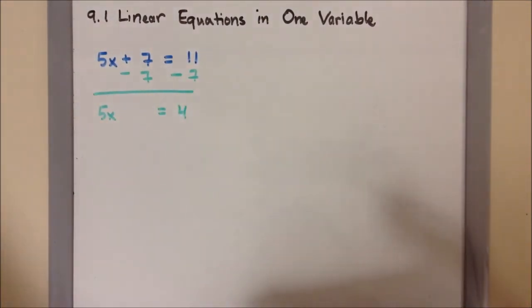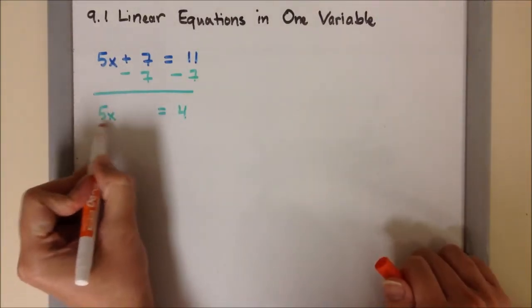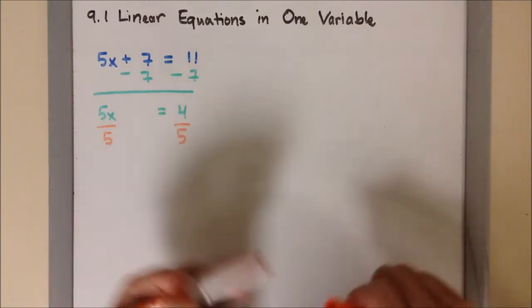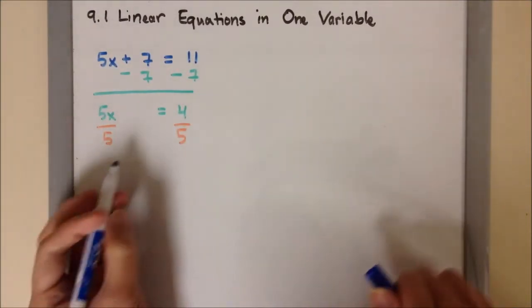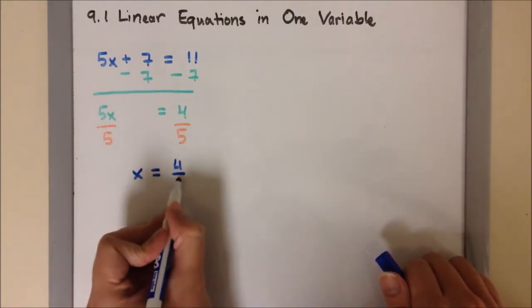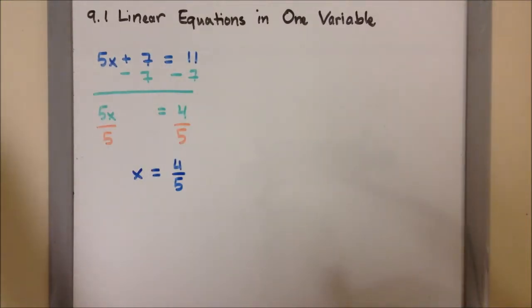And then in order to get x by itself, I'm going to divide because the 5 is directly in front of x. So divide by 5, divide by 5. So therefore, my answer is x equals 4 over 5. So that's going to be our final answer. And let me box that up.